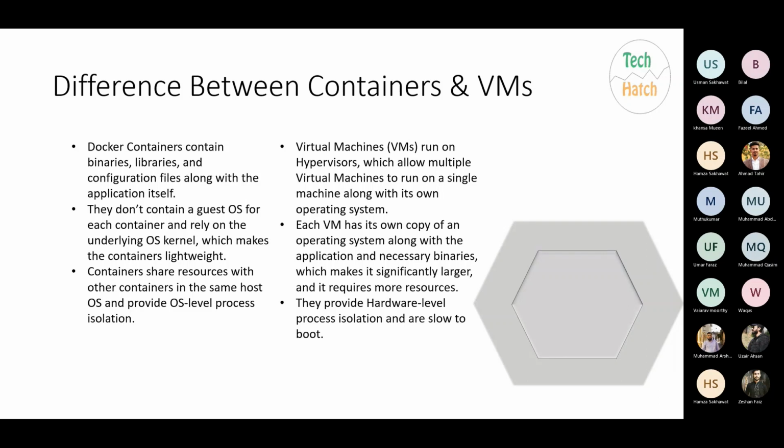On the other hand, virtual machines have their own copy of the operating system along with all the necessary binaries, which makes the VM heavier, or significantly larger than containers. Containers share resources and allow OS-level process isolation. The VMs provide hardware-level process isolation, and they're usually slow in the booting process.